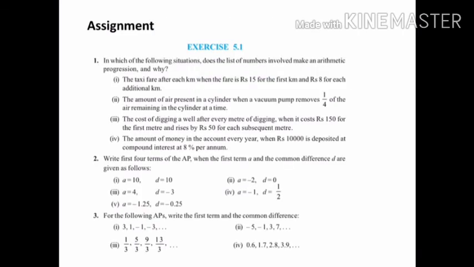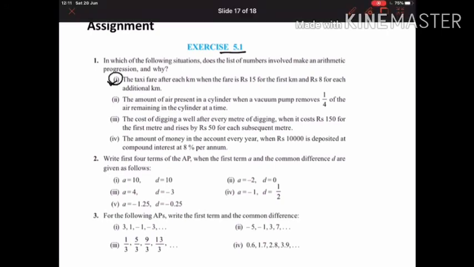That is all in today's video lesson. Your assignment for today is exercise 5.1. Question number 1, subpart 1. Subpart 2, 3 and 4 are already done in the video lesson. Question number 2, subpart 5 is already done in the video lesson, so remaining is our homework.